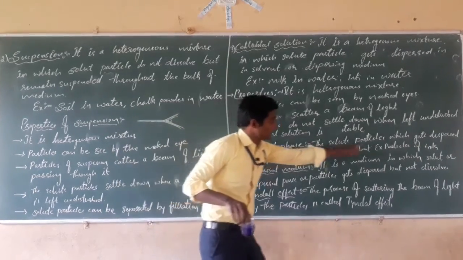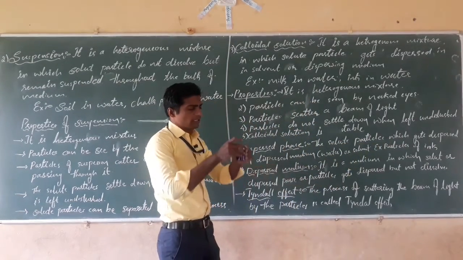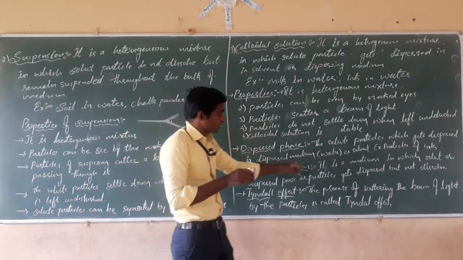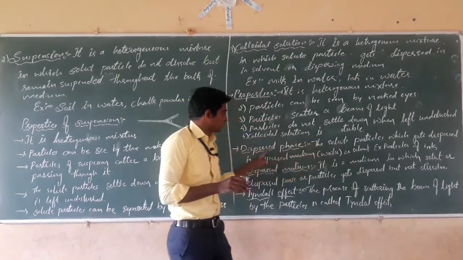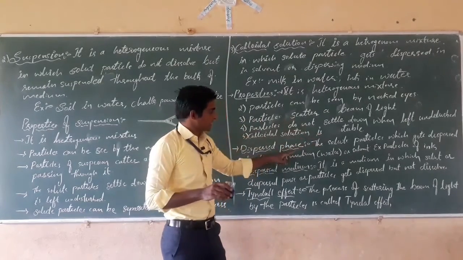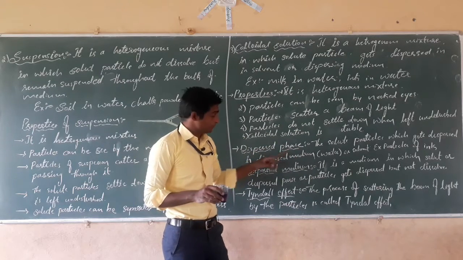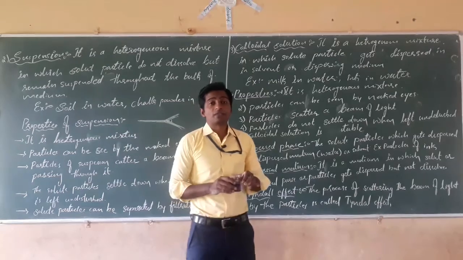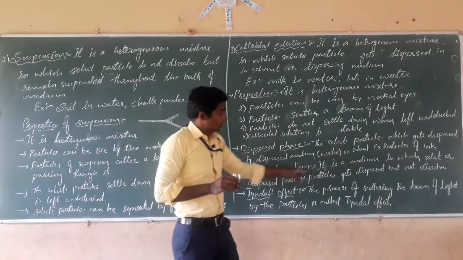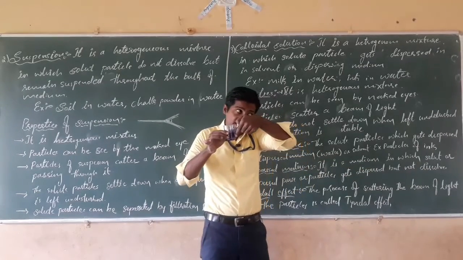See, the solute particle, the ink particle, which gets dispersed in a dispersed medium or water, is called the dispersed phase. Next, coming to the dispersed medium, that is the water in which the ink particles get dispersed.